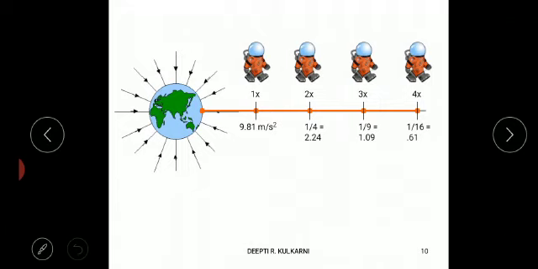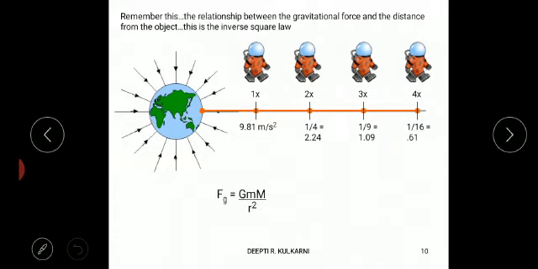So I have taken one example here. According to Newton's gravitational force, suppose we increase the distance, then just go through the values. After substituting the values in the formula, calculating the force and plotting the graph, we come to know that if we increase the distance, then force decreases.